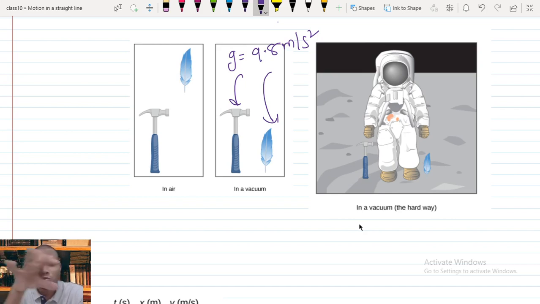Forget for a moment air resistance and everything. So if you write the acceleration of this object, we will always write negative 9.8 meter per second square. This negative sign shows that the object is falling freely.